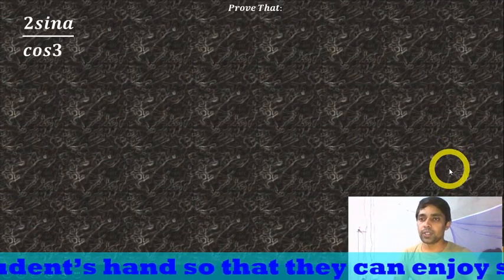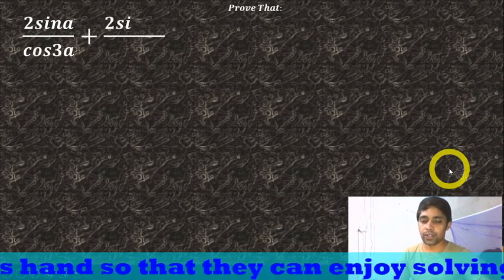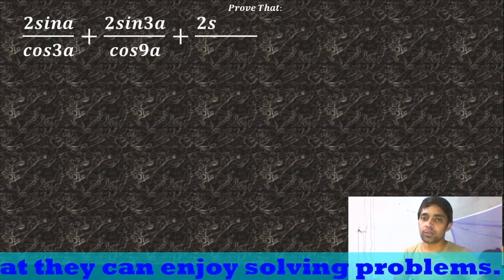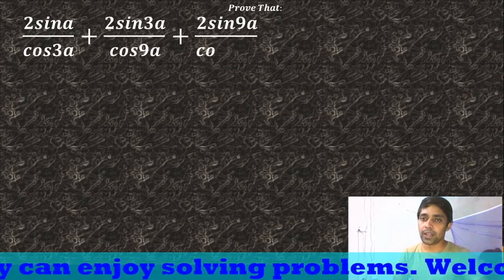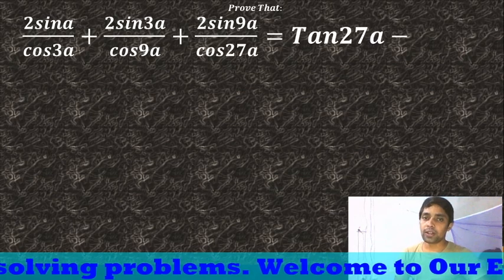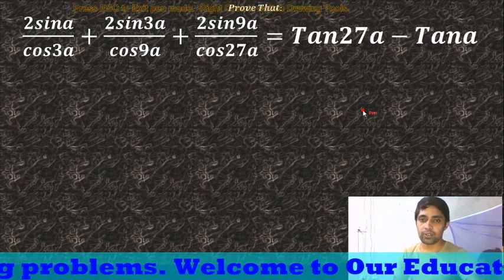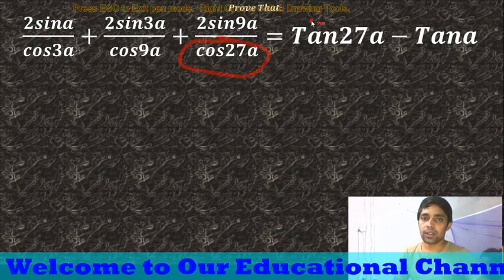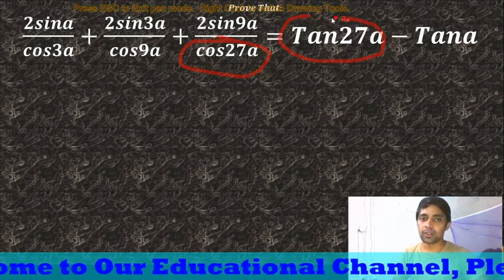In the next problem we have seen it is in numerator and denominator format. As we have numerator and denominator format, we have to think about the bigger angle. Here in this case we can see both sides have a bigger angle, that is 27a. Here we have cos 27a, here we have tan 27a.